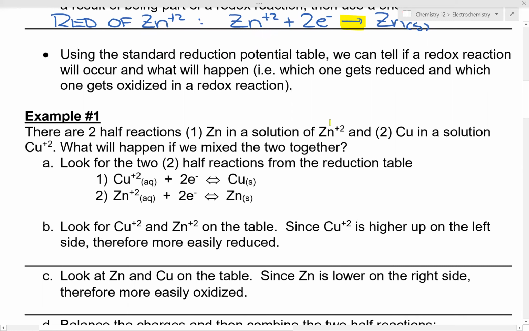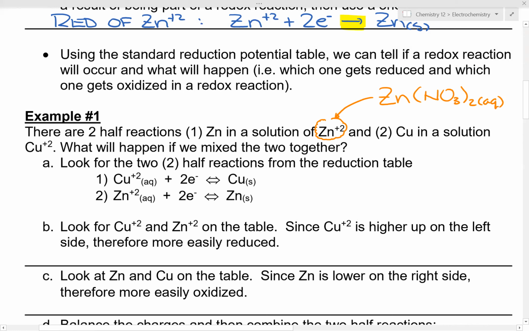Now, first of all, one thing I want to emphasize is when I say zinc 2 plus, you're talking about a zinc solution. So something safe would be like zinc nitrate solution, aq. Okay.